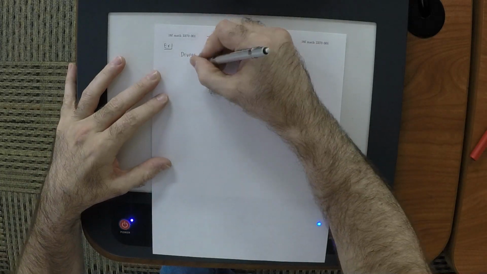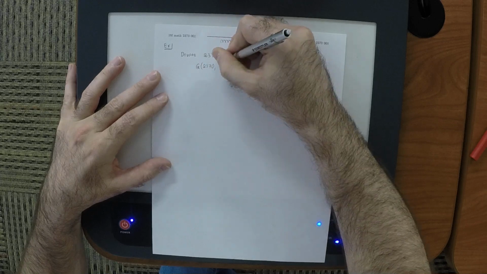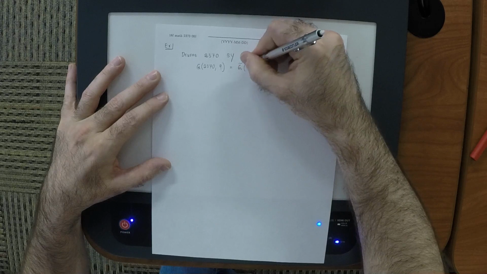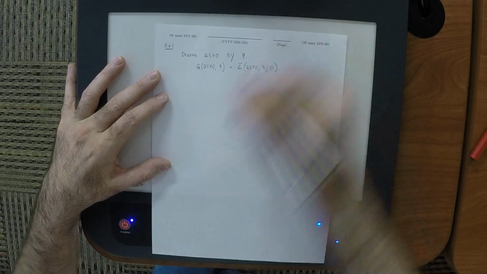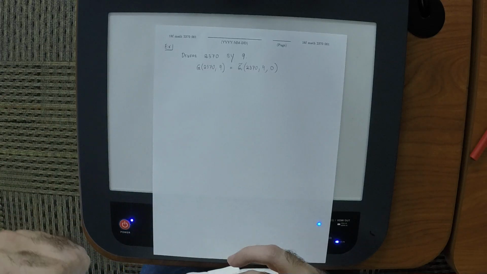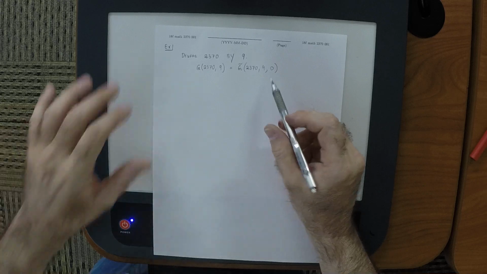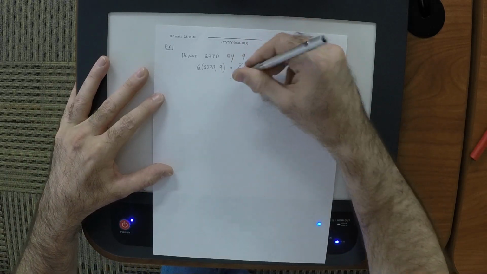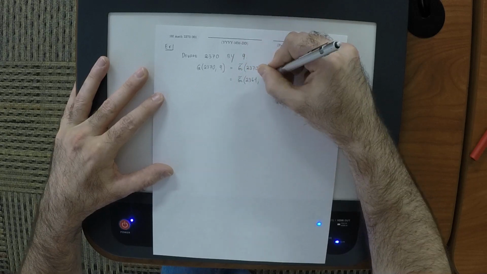That would mean I'd do G of 2370 and 9, which is immediately going to call G tilde of 2370, 9, and 0. Of course that 0 is a counter, saying how many groups have we been able to make? None so far, right? So can we make a group? Sure we can. So we'll recurse to 2361, 9, and 1.